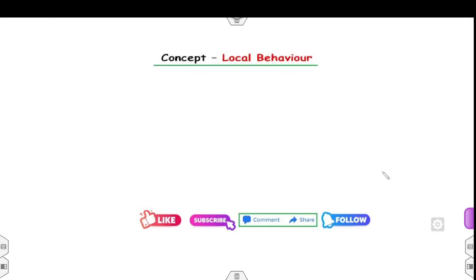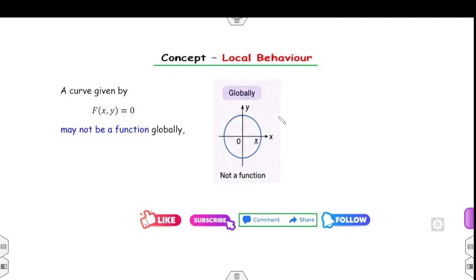Now, the important concept is local behavior. Suppose you have a function f which may not be a function globally. How do you say something is a function? If I show you this graph, clearly say it is not a function. Can anybody tell why it is not a function?